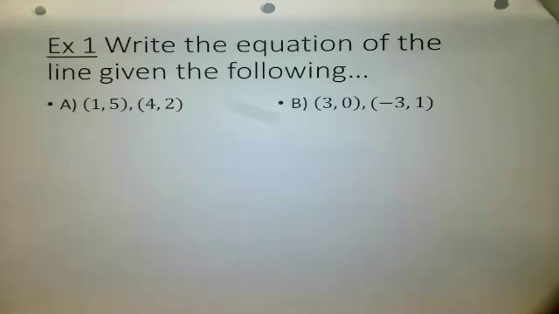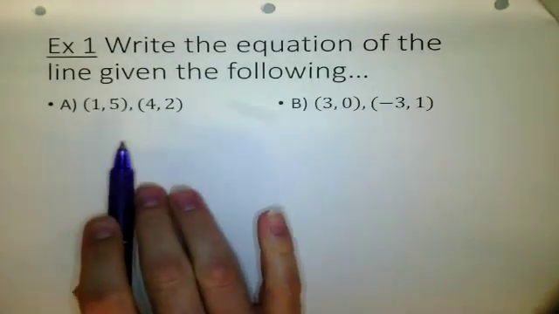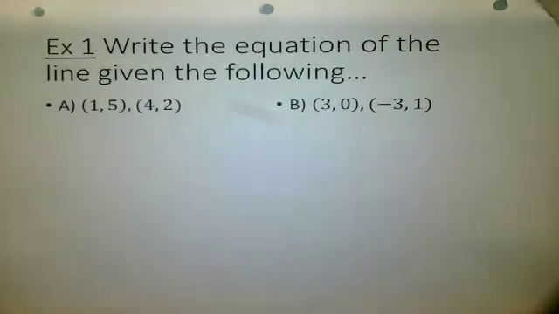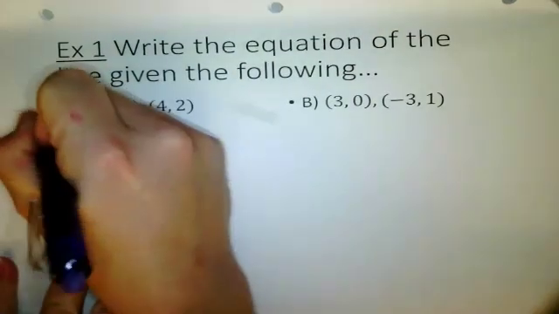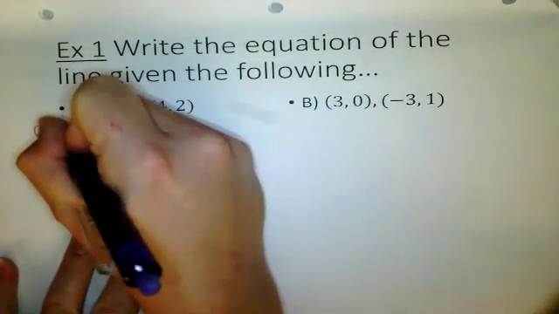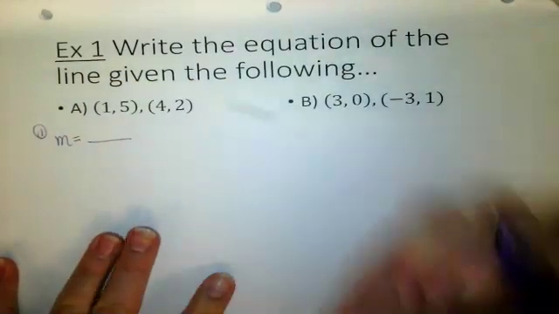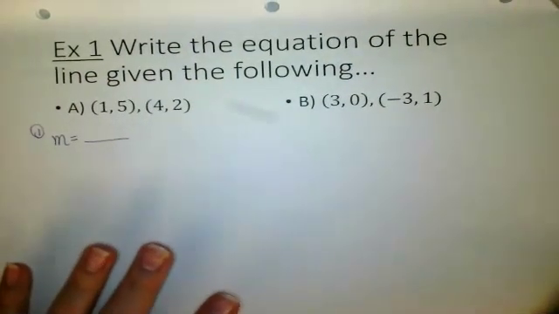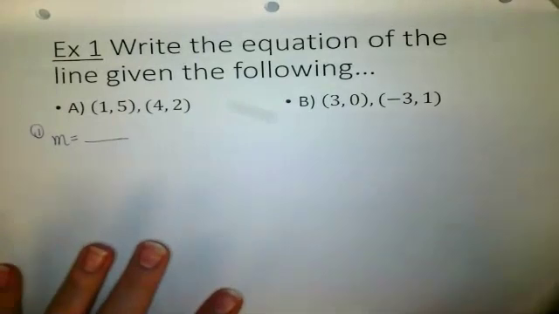All right, we have ordered pairs 1, 5, and the other ordered pair 4, 2. So a line passes through these 2 points. The first thing we're going to do is find the slope. How am I going to figure out the slope?